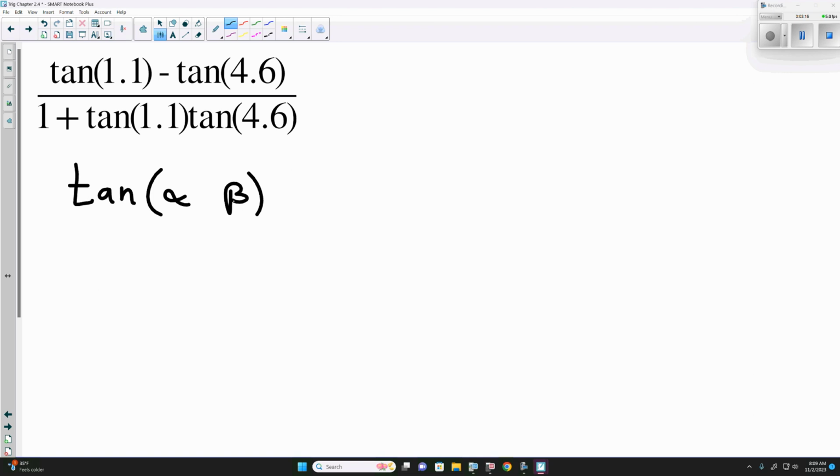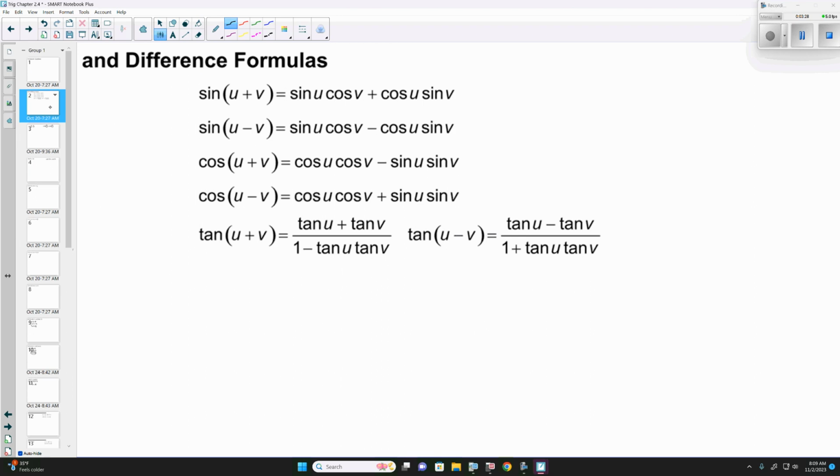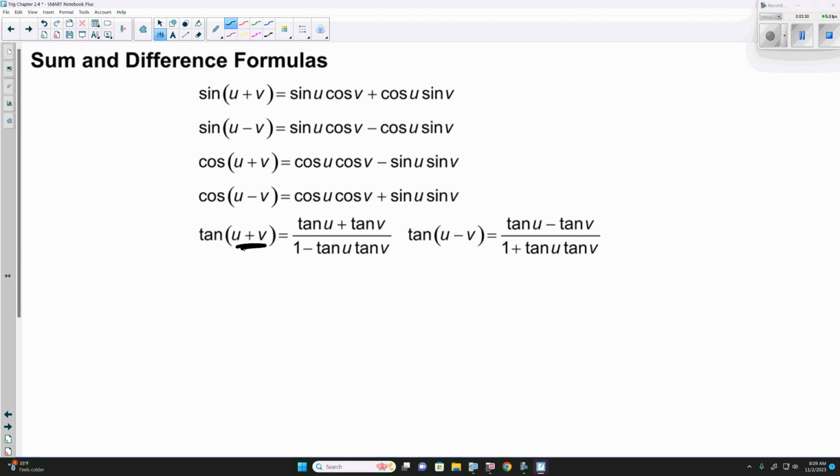Now, the main place we look to determine if it is tangent of alpha plus beta or alpha minus beta is in the signs. If we go back up here, tangent of u plus v, alpha plus beta, plus minus. For our subtraction, minus plus. If it's addition, we have addition on top. If it's subtraction, we have subtraction on top.